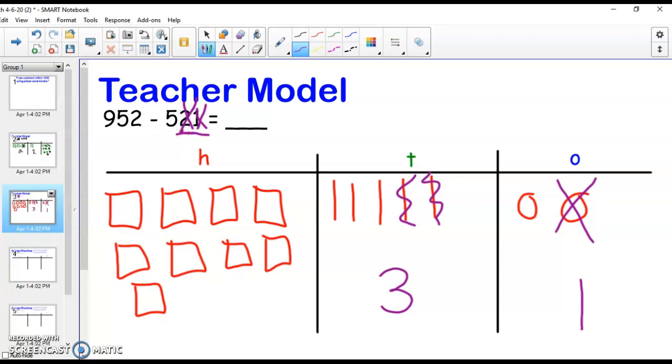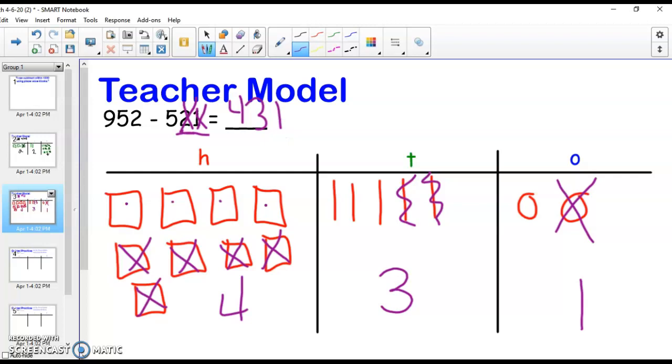And lastly, I want to subtract 5 100s. 1, 2, 3, 4, 5, and I'm left with 4 hundreds. So 952 minus 521 is equal to 431.